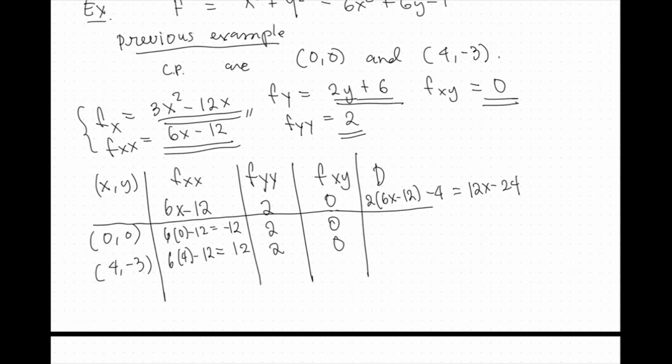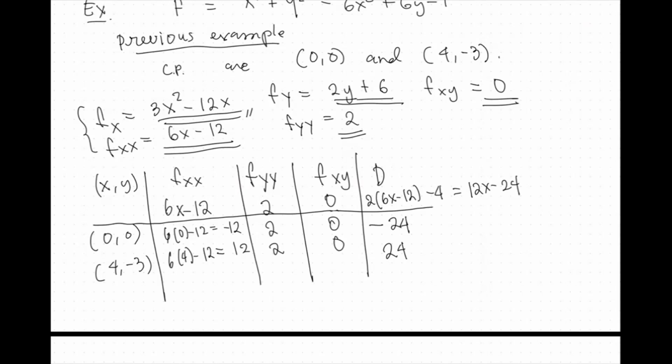Now, if you plug in 0, here we get negative 24, and here we get 12 times 4 minus 24, which is positive 24, because 12 times 4 is 48 minus 24.